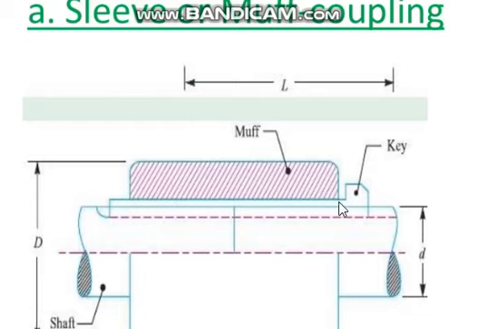Whatever is in contact with the sleeve, only that is helping. We are not saying this extra part is 3.5, from here to here only is 3.5. For inserting, for handling, for dismantling, for convenience sake, you may take a little larger length.